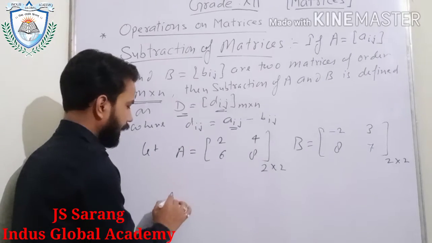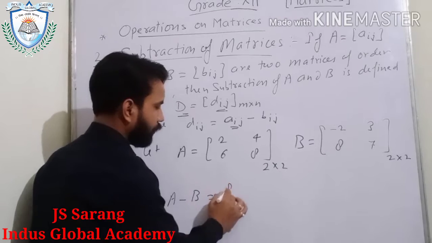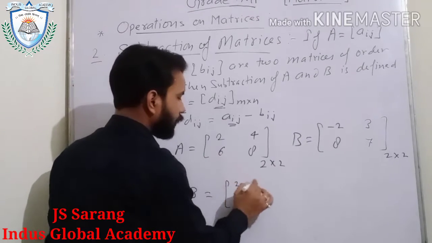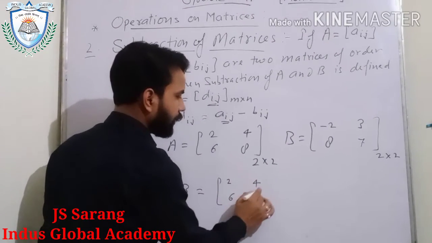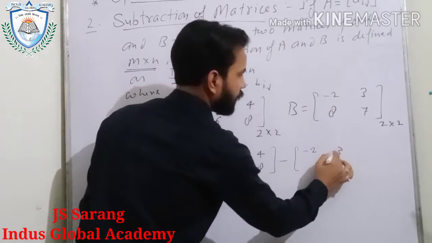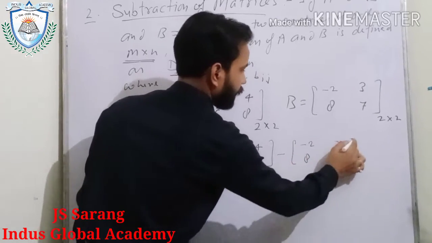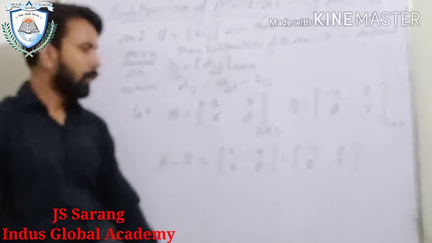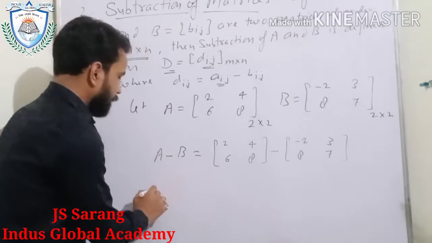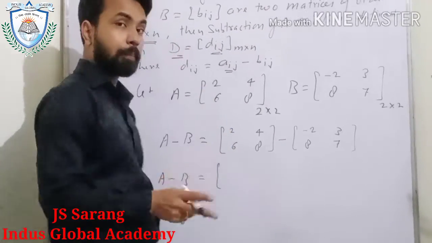So A minus B equals A, which is 2, 4, 6, 8, minus B, which is -2, 3, 8 and 7. Now A minus B equals another bracket.